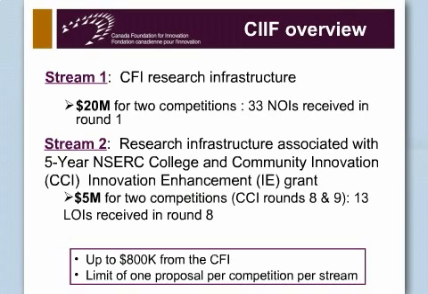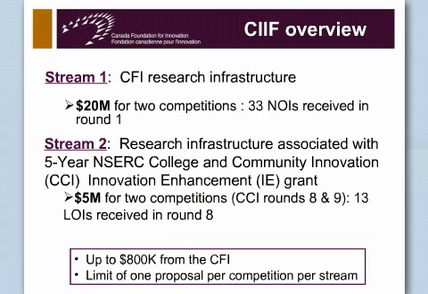Right now, for stream one, we have received 33 NOIs in round one. For stream two, there's a lesser budget that was put aside for that: $5 million for two competitions in partnerships with the CCI NSERC grants. Right now we have received 13 of those in round 8 of the CCI program.